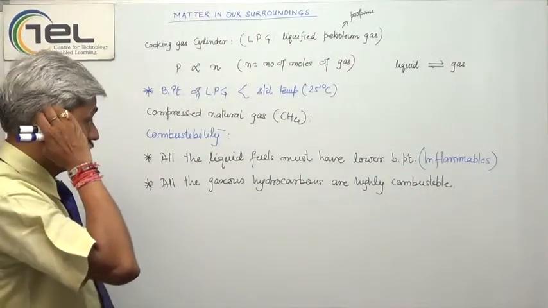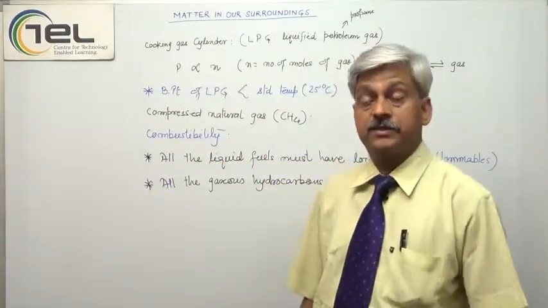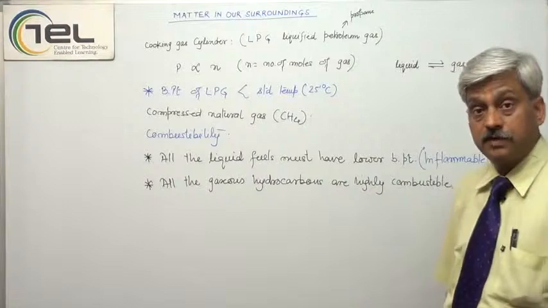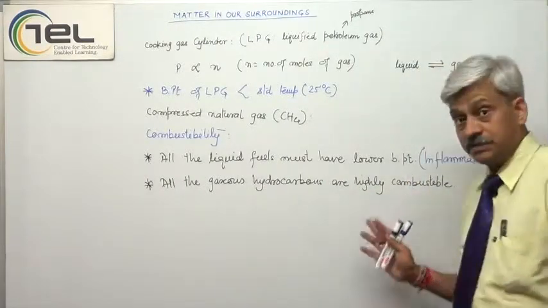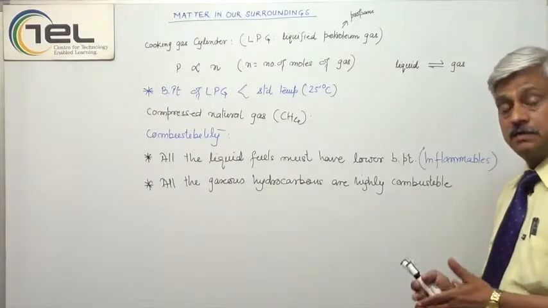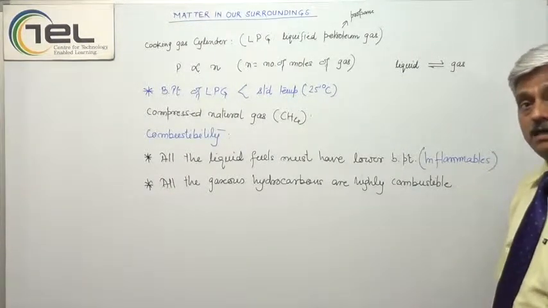Now for liquids, let's say somebody asks what should be the vapor pressure of any liquid fuel. If the boiling point is less, that means boiling is easier, which means their volatilities are higher.